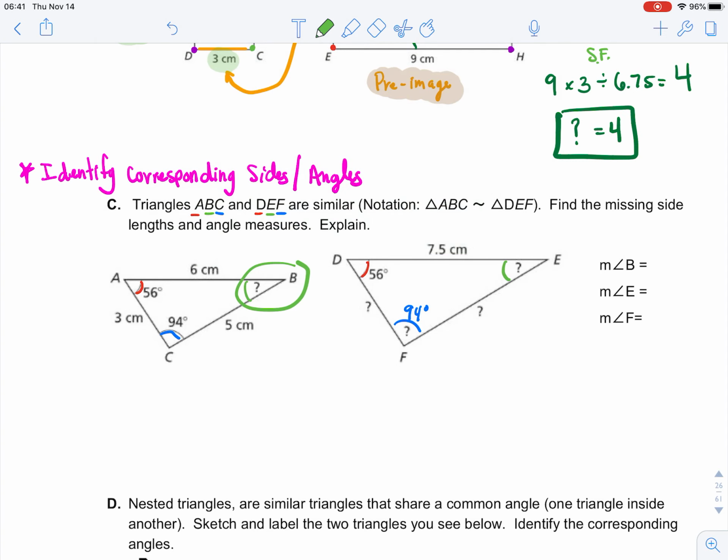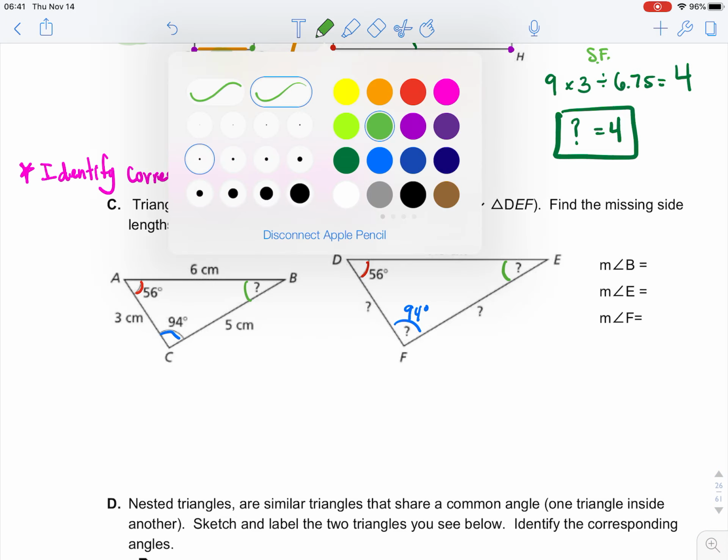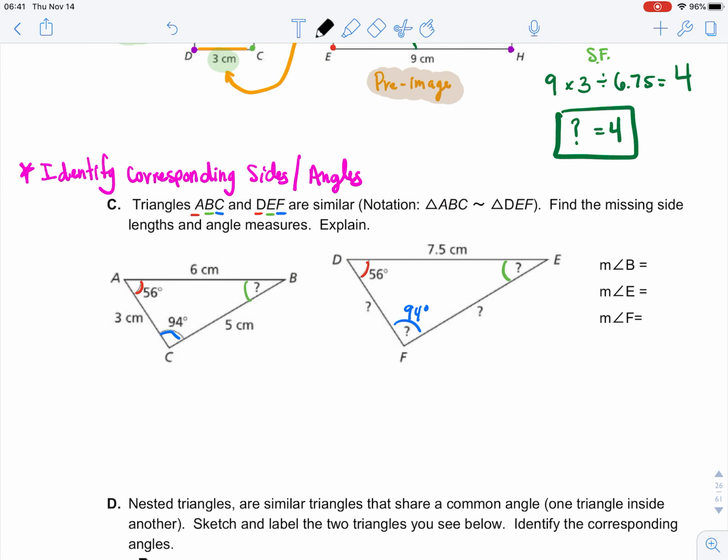Okay, so that means this one and this one match because of the way they're written and the order they are written in. This one is, oh, we don't know that one. We know they're the same, so we can figure that one out. Let's do that one first because that's a little bit of a review. We know a triangle has 180 degrees, and we used up 56, which takes us to 124.